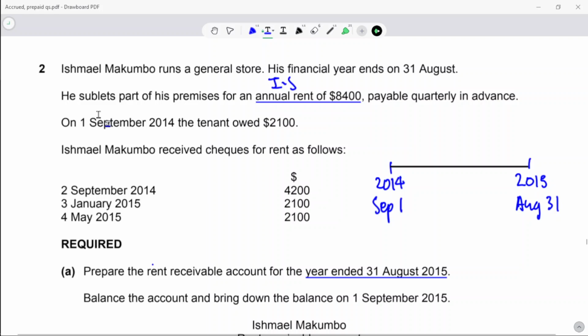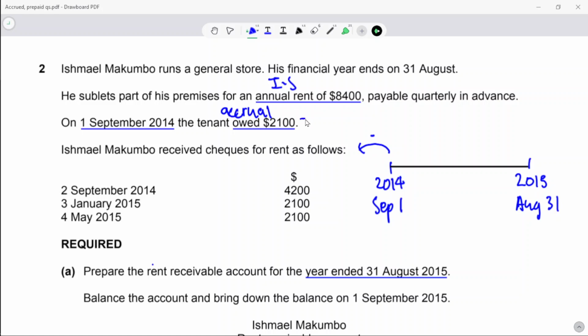Then 1 September, the opening balance means accrued. They haven't paid yet, so it owes you money. Accrual, one step to the left, outside minus.